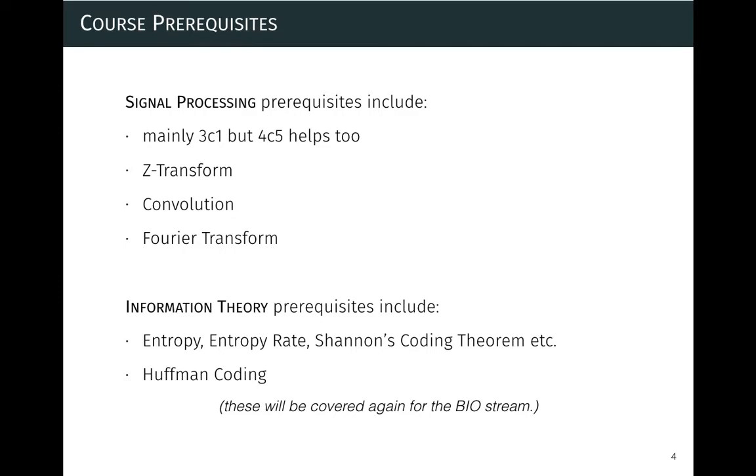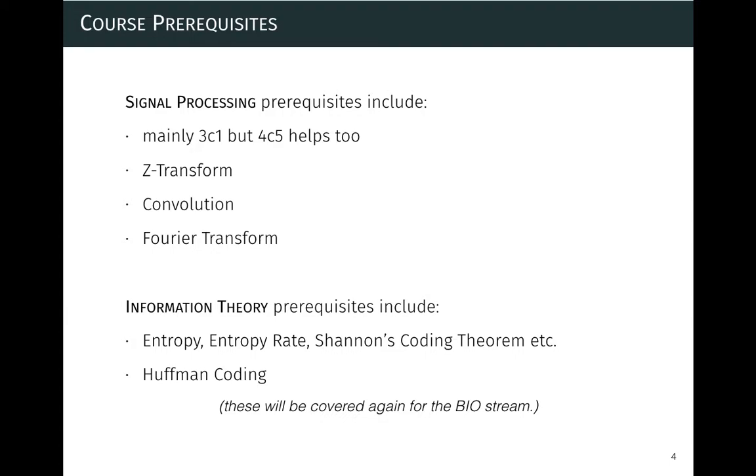Looking back at the prerequisites for 4C8, maybe 3C1: if you know about the Z transform, convolution, Fourier transform, and so forth, it will be very useful. I will come back to that. We'll go slowly enough, and you'll get a refresher on those.